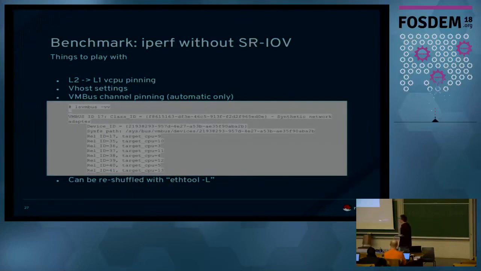These channels are distributed automatically. Unlike an IRQ, where you can run irqbalance and it will try to put them on different CPUs, the kernel driver will distribute them randomly, and it will stay like that. You cannot change the assignment.